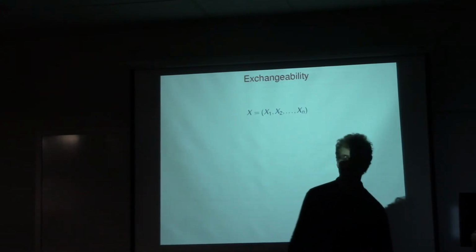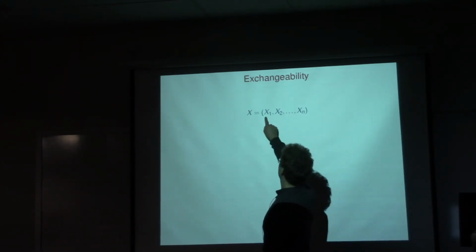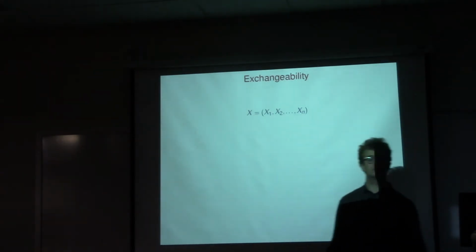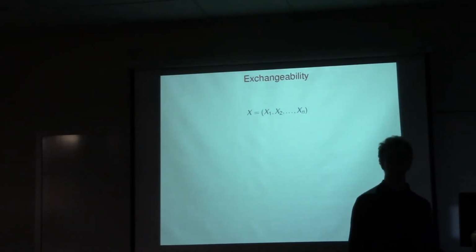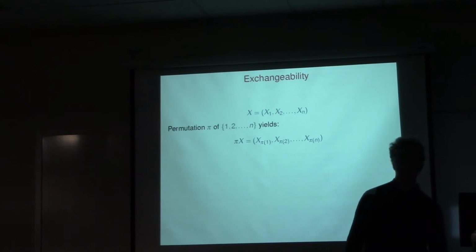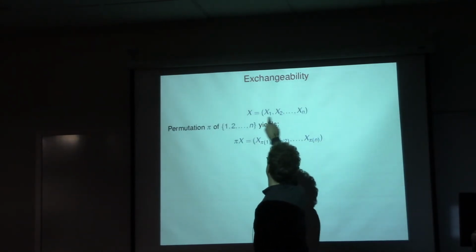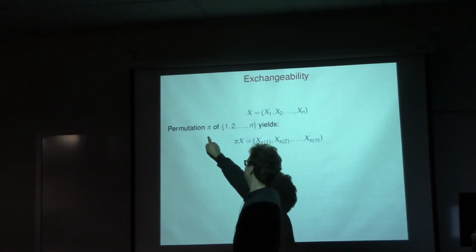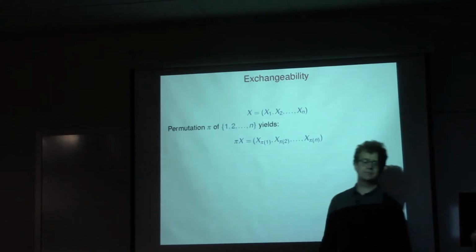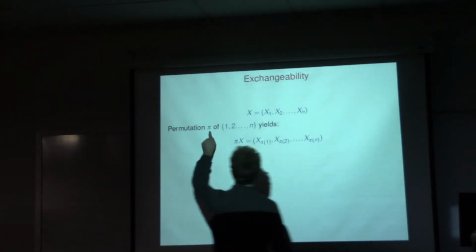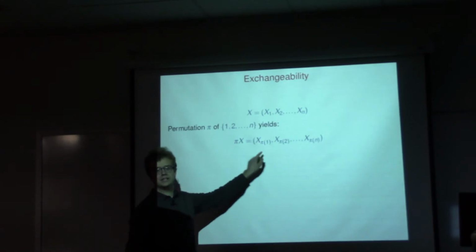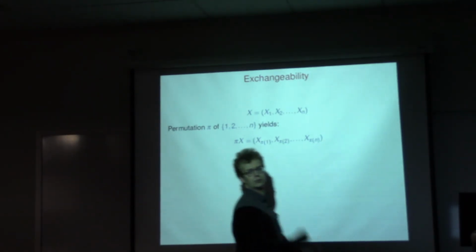Loosely speaking, it says that the order in which I observe the random variables doesn't matter. Or more formally, if I have an observation, I have a permutation of the index set. Any such permutation pi yields a new observation in which I just change the order.